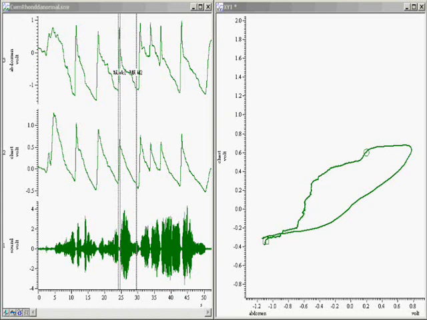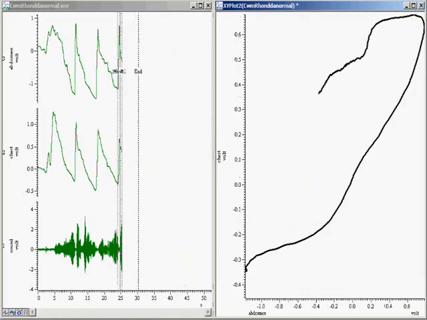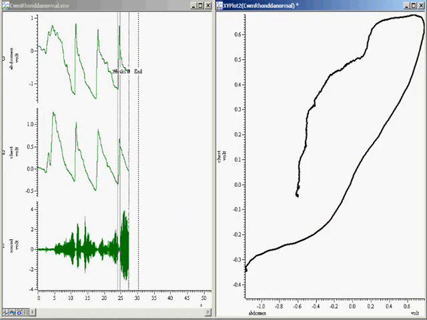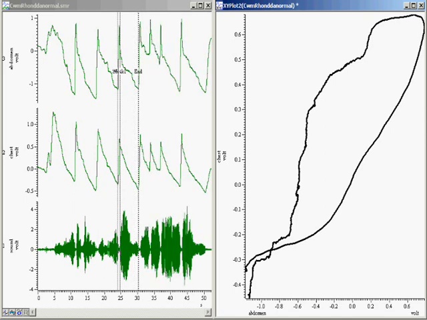The circle on the plot represents the beginning of the sung phrase, and the square marks its end. The easiest way to appreciate what is going on is to watch the trace being created. Let's watch that again.